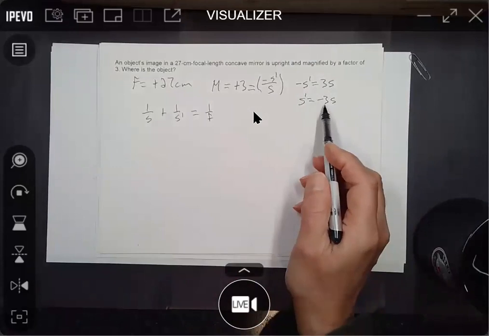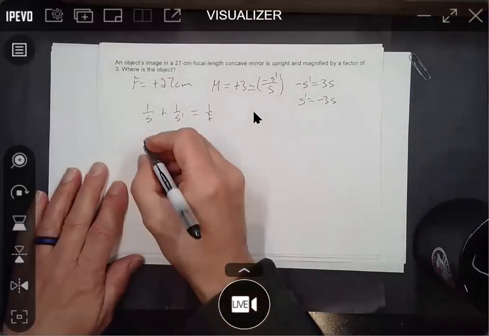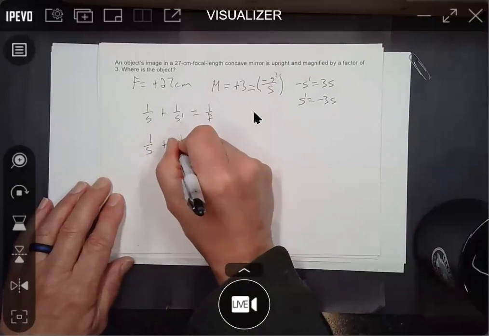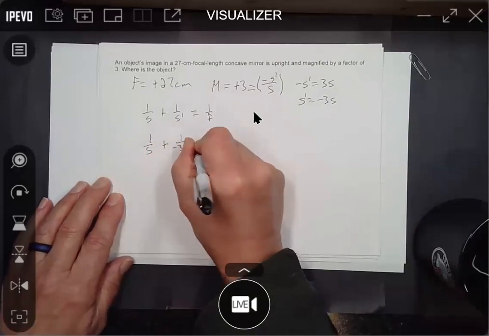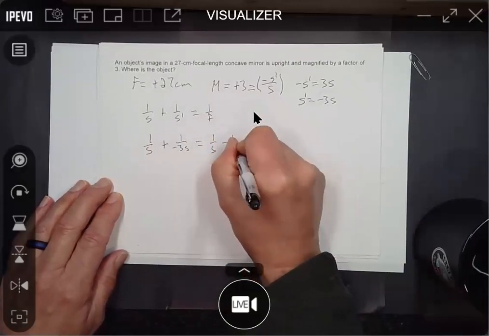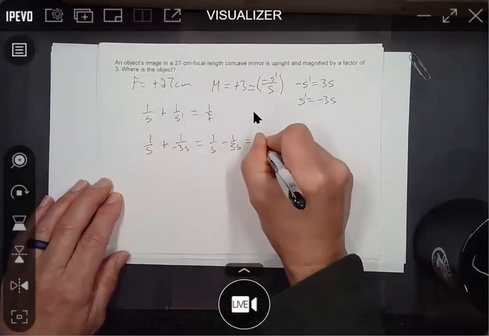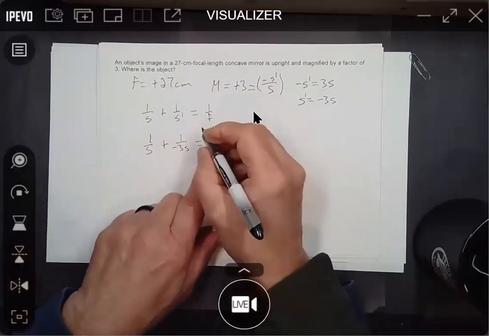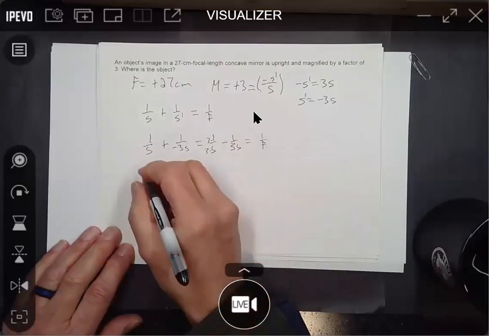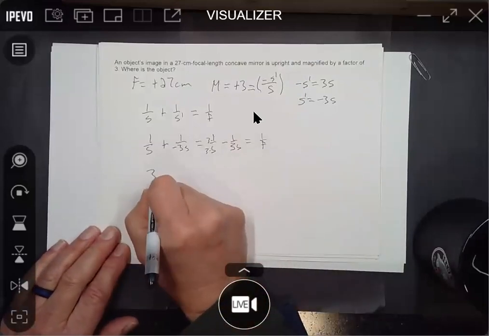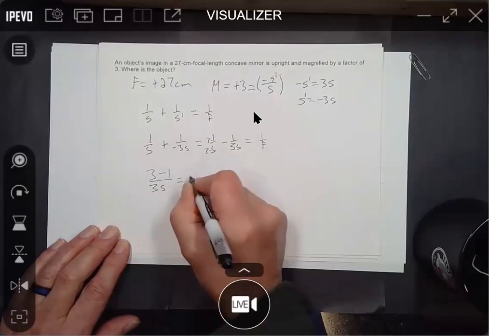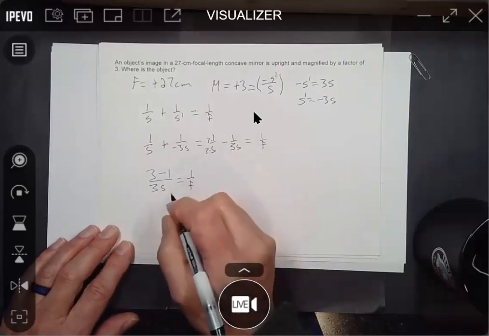So I'll just do that. 1 over S plus 1 over minus 3S becomes 1 over S minus 1 over 3S, which is equal to 1 over F. If I multiply top and bottom of the first term by 3, I will get 3 minus 1 over 3S is equal to 1 over F.